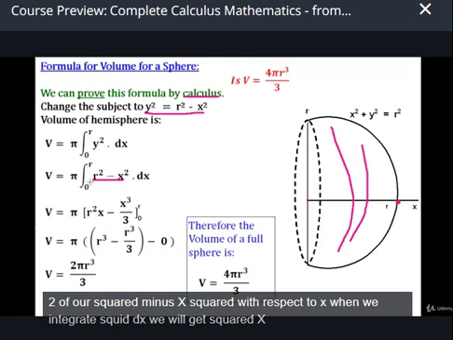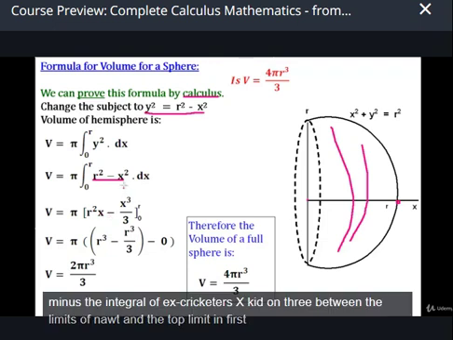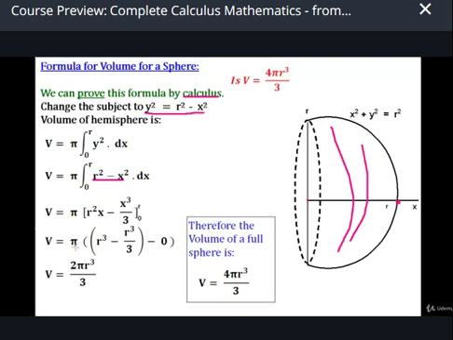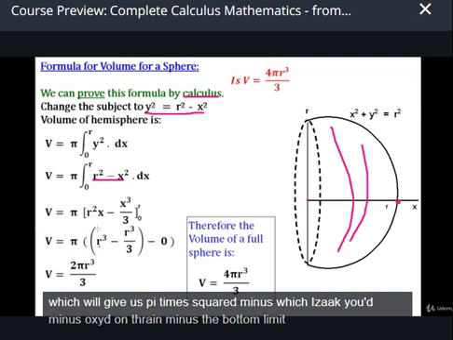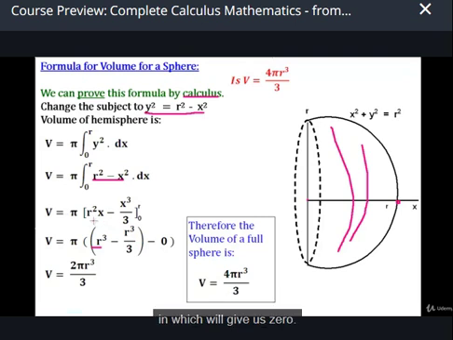Now when we integrate r squared dx, we will get r squared x, minus the integral of x squared, which is x cubed on 3, between the limits of 0 and r. The top limit in first, which will give us pi times r squared times r, which is r cubed, minus r cubed on 3, minus the bottom limit in, which will give us 0.